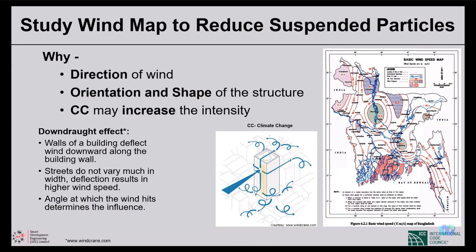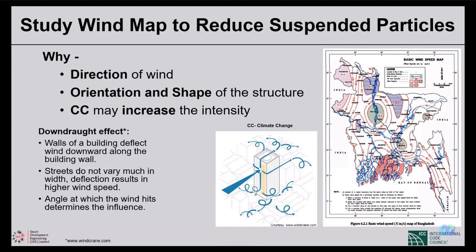when a wind hits a building on its full wall face, it will deflect. The roads around the building don't change. It has a fixed width. So that wind gets deflected and flows in that road.